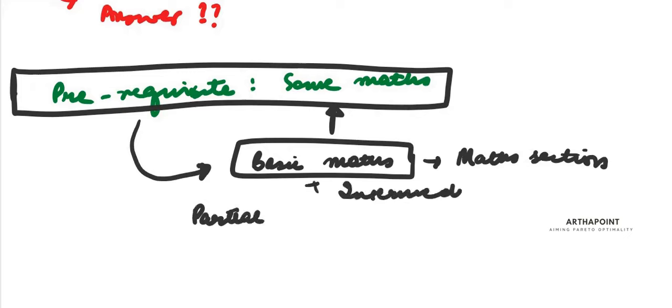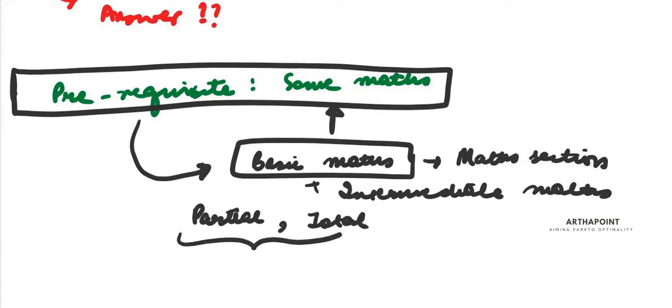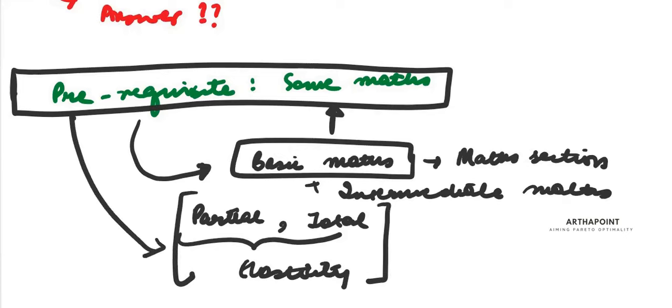This is completely for micro. You look into the concepts of partial differentiation. You look into the concept of total differentiation. There will be few questions based on elasticity there also. So you can go through those videos. There will be a complete chapter on differentiation, complete chapter on integration.